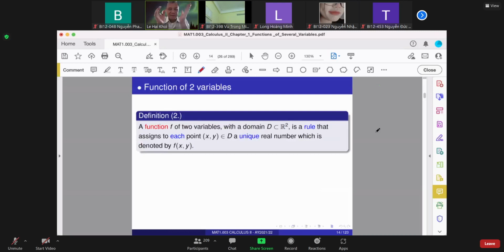Now, after having in your hand the R2 XY plane or the R3 XYZ space, we start to have a definition of a function of two variables. For a function of one variable, you understand that if you have a function f(x), then the domain of definition is a subset of the real line R, right?